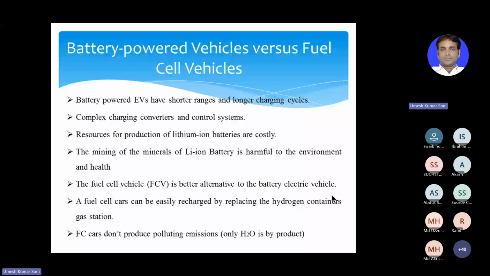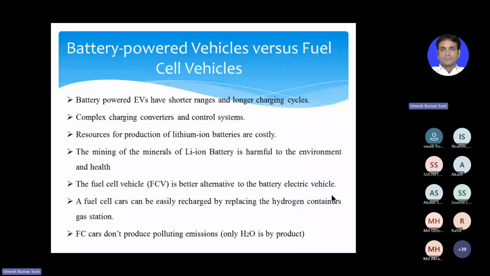Another part is that there are costly elements involved in the battery, specifically lithium. So the battery cost is very high, and once it is out of order, we have to invest a high cost in the battery. Also, from the viewpoint of environment, the lithium ion battery has a bad effect on the environment and health.